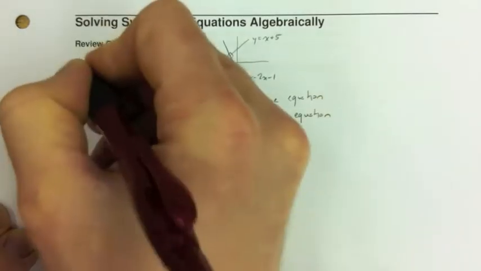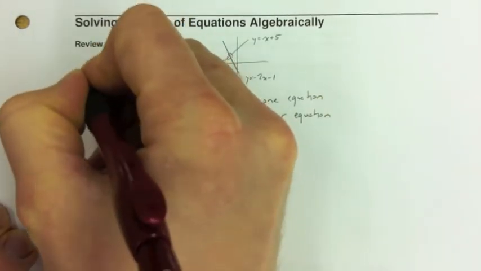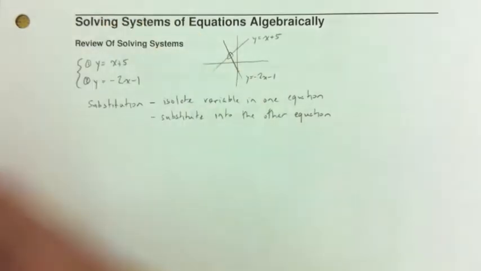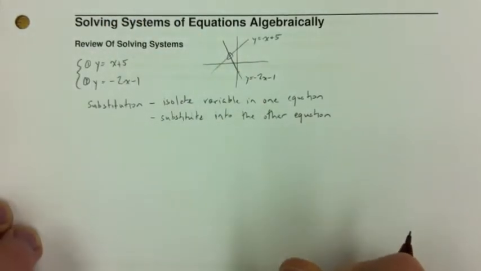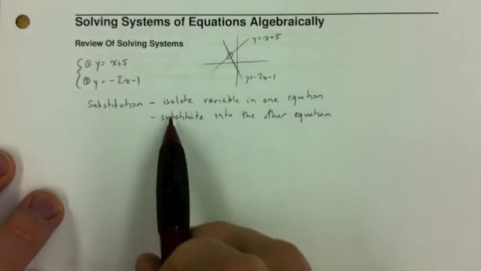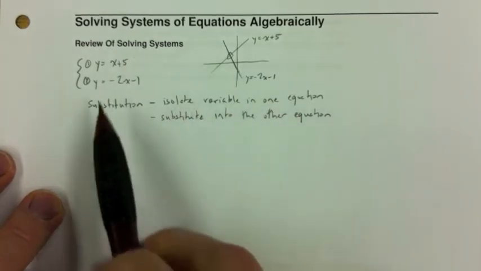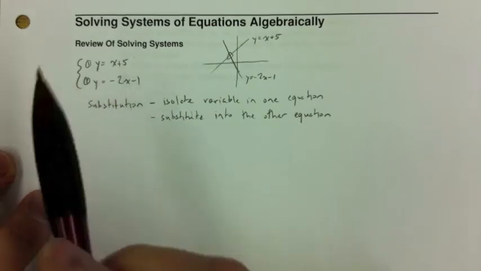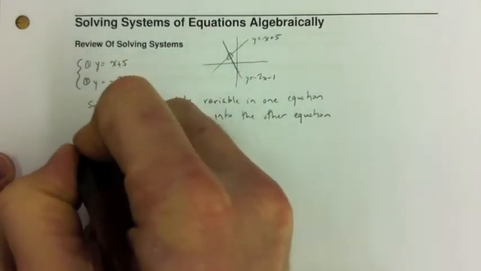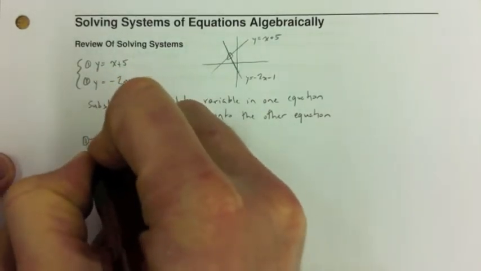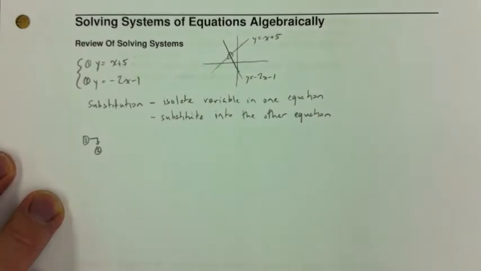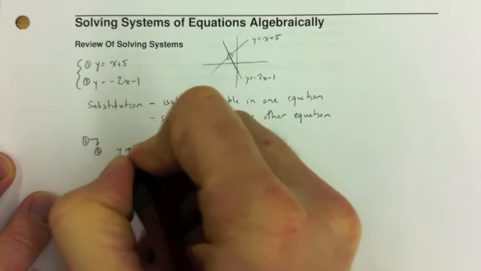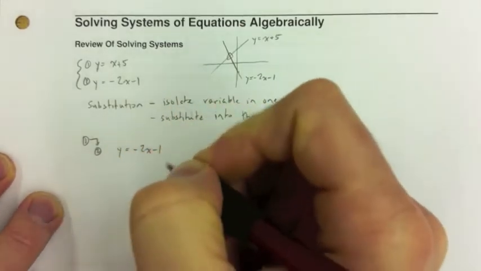Alright, so we're going to take a look at these two linear equations. We're lucky because we've already isolated one of the variables. We've got y is equal to x plus 5, and so we're going to substitute equation 1 into equation 2. Equation 2 says y is equal to negative 2x minus 1.